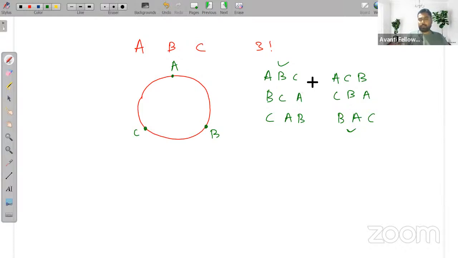This is how in a row we can arrange in this way. If we do it in the circle, what is the order?